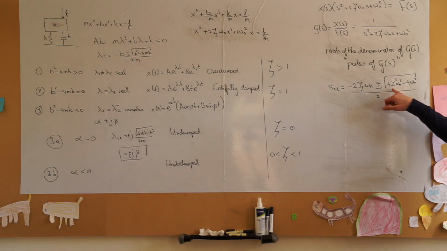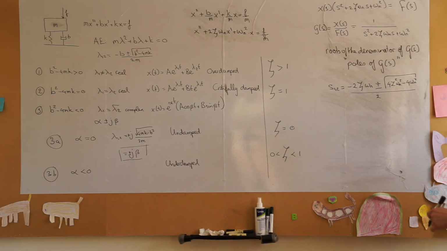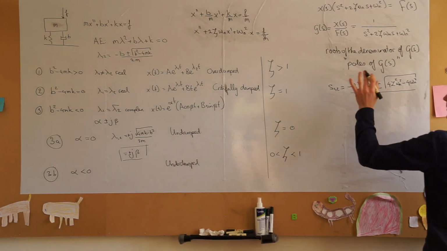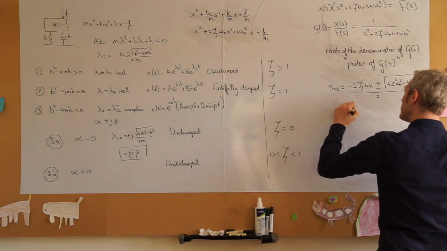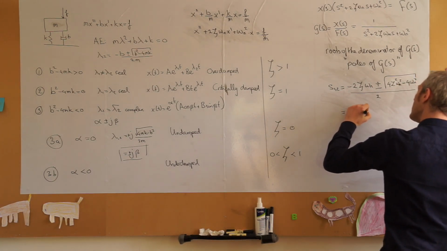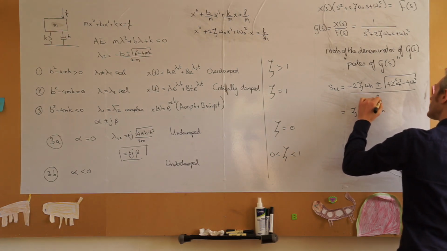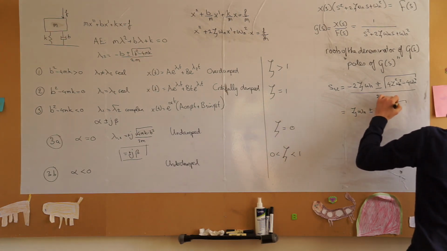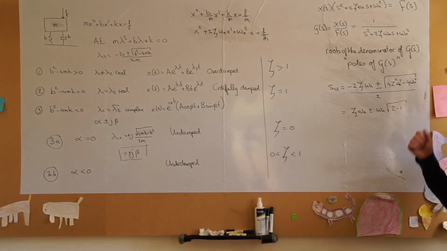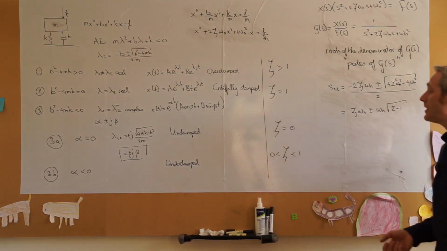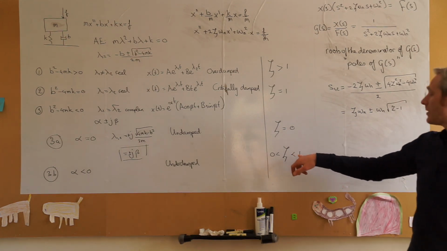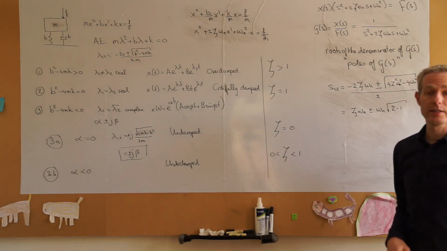And if we separate out this 4 and omega n squared, and we also divide by 2, this clears up to minus zeta omega n plus or minus omega n times the square root of zeta squared minus 1. Now, in the case that there are oscillations, we know that zeta is somewhere between 0 and 1.